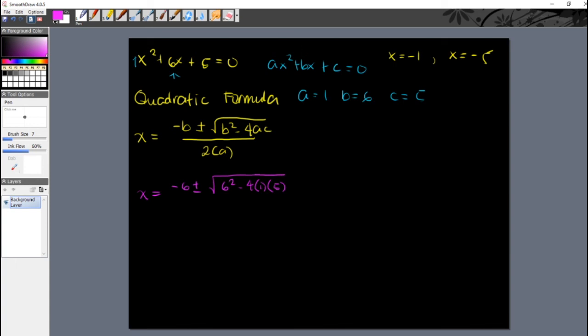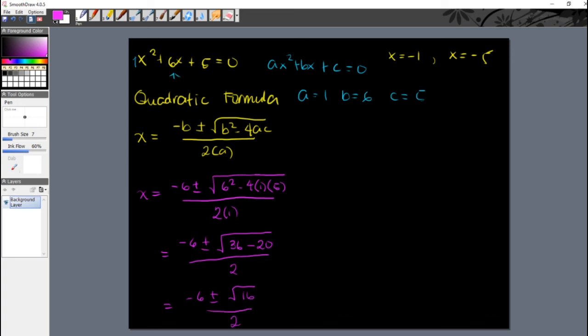And notice that the expression inside the radical is just the discriminant, over 2 times a. Our a is 1. So let's first simplify the terms inside the radical symbol. This becomes 36 minus 20, over 2 times 1, which is just 2. So x equals negative 6 plus minus square root of 16, because 36 minus 20 is just 16, over 2.